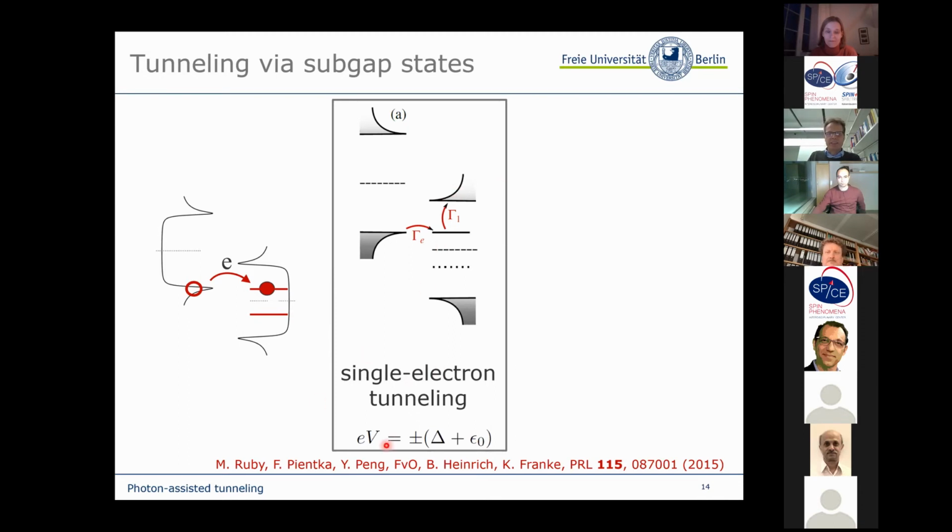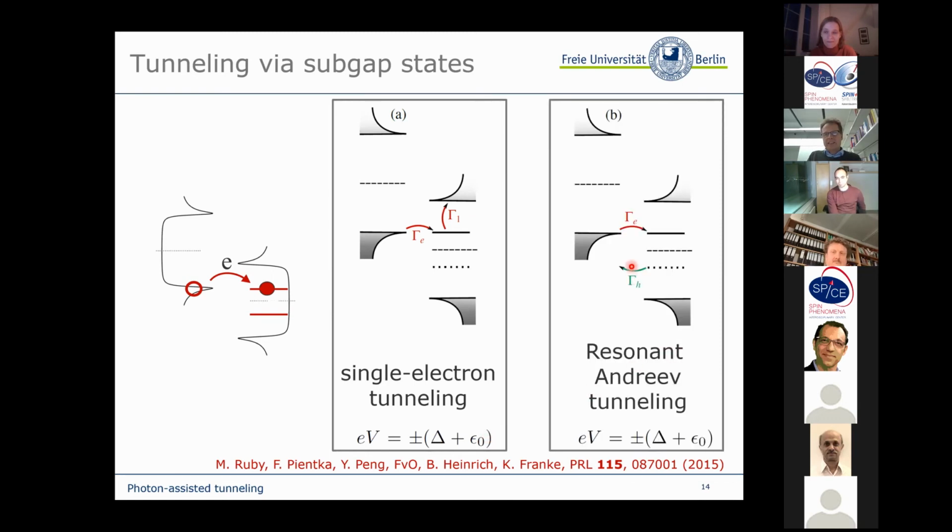This gives you single electron tunneling, and it requires a bias of delta plus the subgap state energy. Or alternatively, the electron waits until a second electron comes along, or alternatively, it's reflected as a whole and forms a Cooper pair in the substrate. And this is a process which we call resonant Andreev tunneling. It has the same threshold voltage of delta plus the subgap energy.